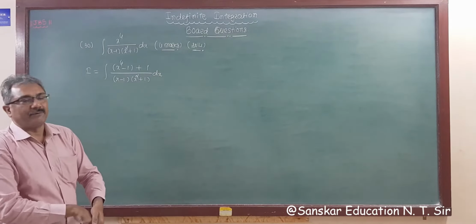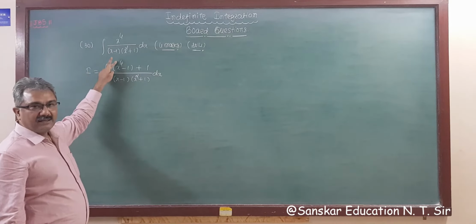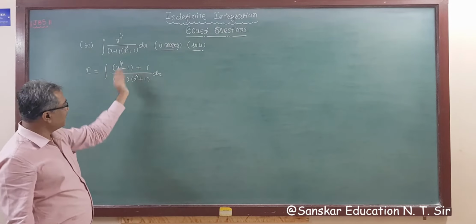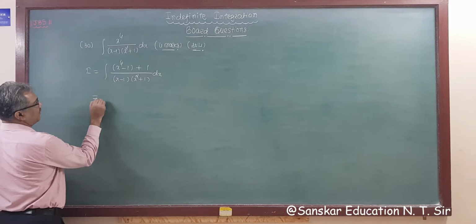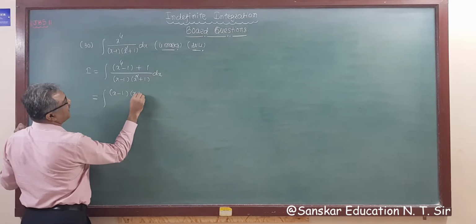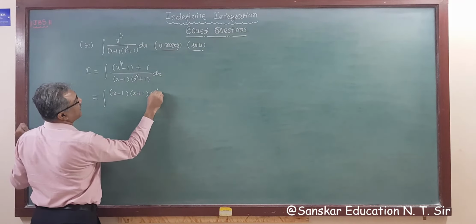Got it? Now, factor of this x minus 1, x plus 1, x square plus 1, and bifurcating this also. So I am writing factor of x raised to 4 minus 1, x minus 1, x plus 1, x square plus 1, right?